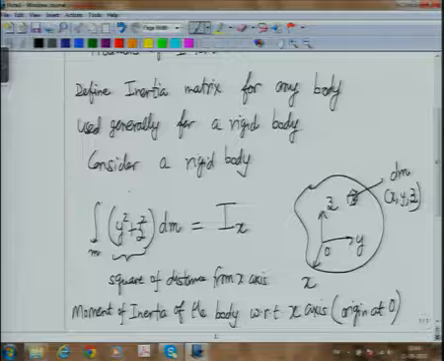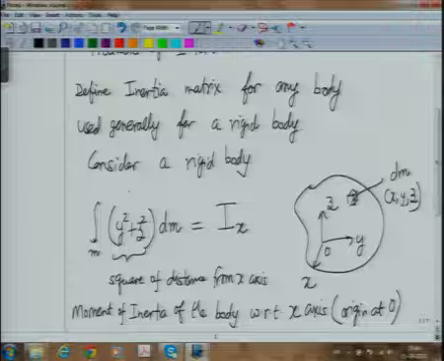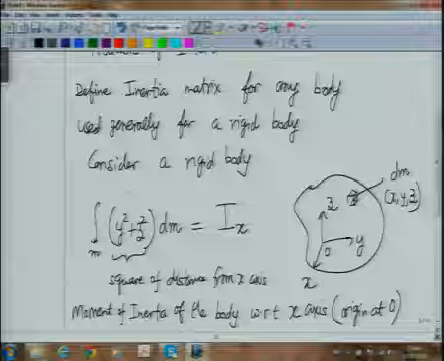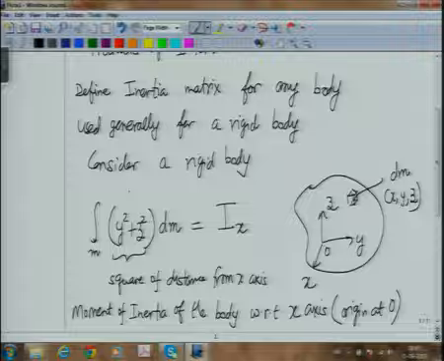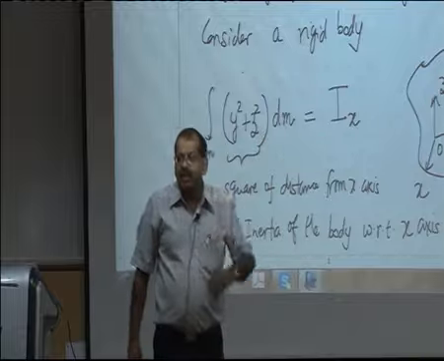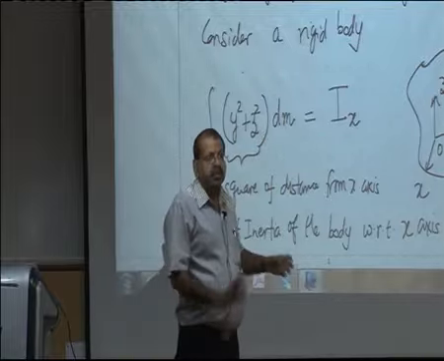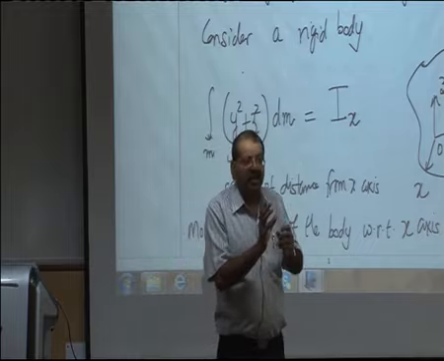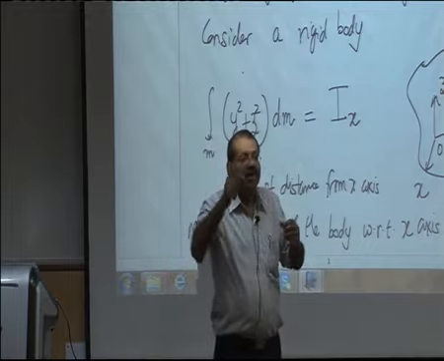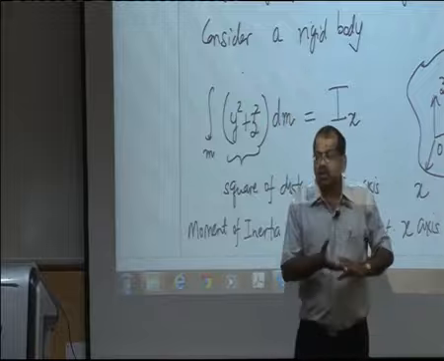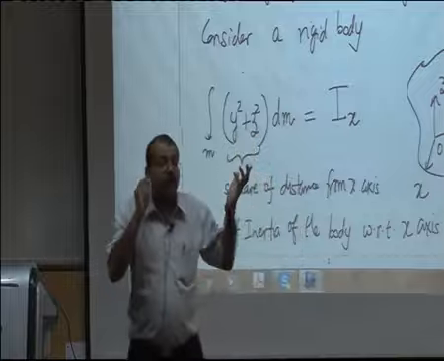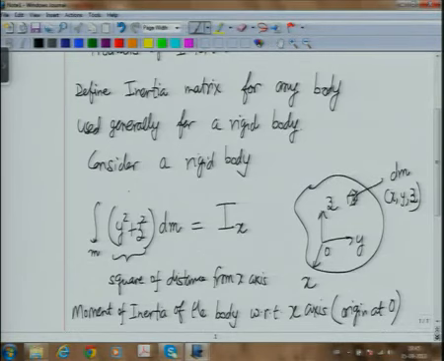Now, what is the physical significance of moment of inertia? As I said, we'll appreciate this more once we come to dynamics, but right now it is sufficient to say, suppose the body were rotating about the x-axis. Then the moment of inertia tells me that if it starts rotating and reaches an angular velocity omega, the time taken to reach omega will be directly proportional to the moment of inertia of the body.